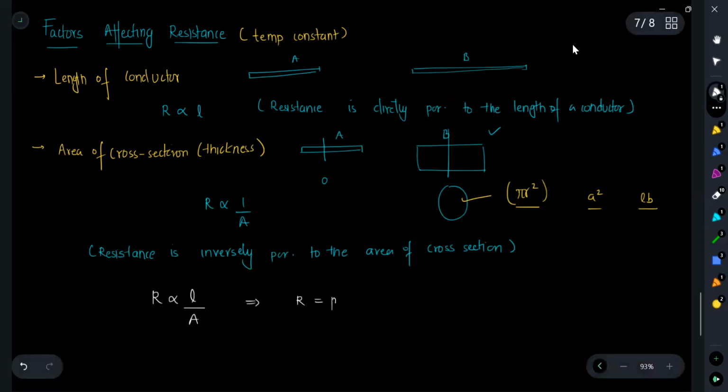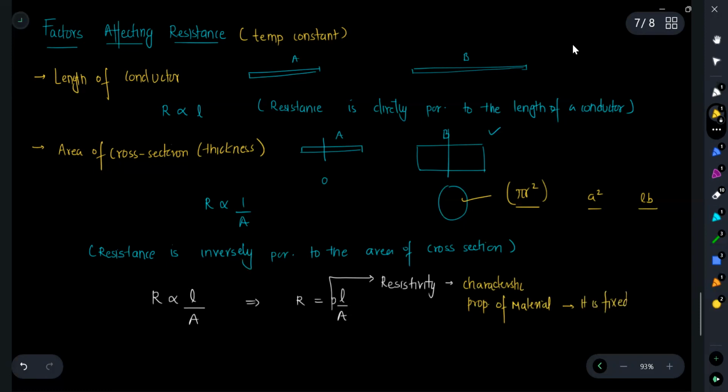So this is kind of like rho L by A. This rho is the resistivity and this is a characteristic property of a metal, which means that it is fixed. It does not change. So एक substance की resistivity fixed होती है. It cannot change. It has a fixed value and that will never change.